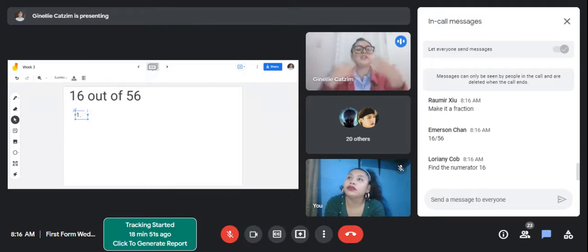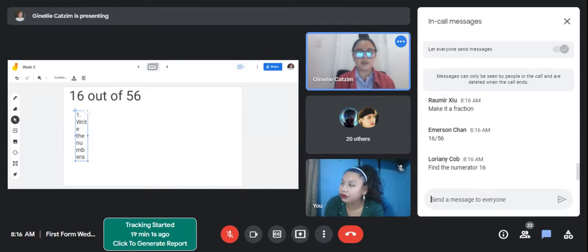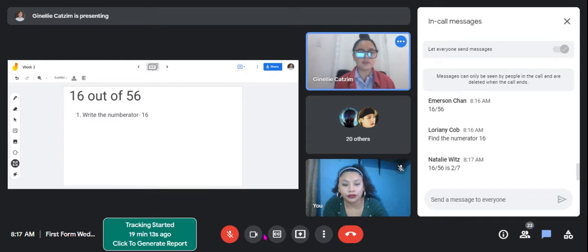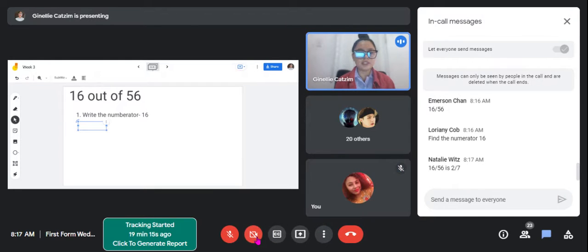Very good. First, find the numerator. Very good, Loriani. So we will write the numerator. In this case, the numerator is 16, right? What's the second step?